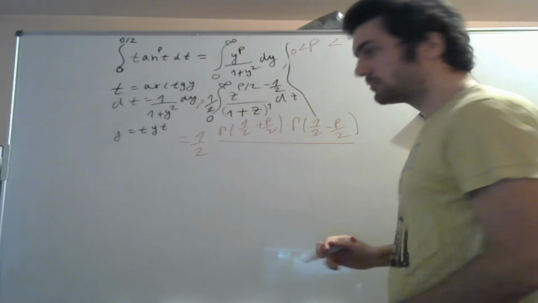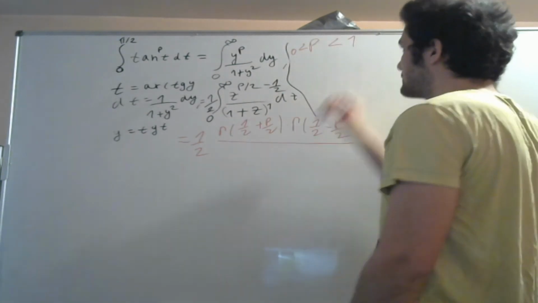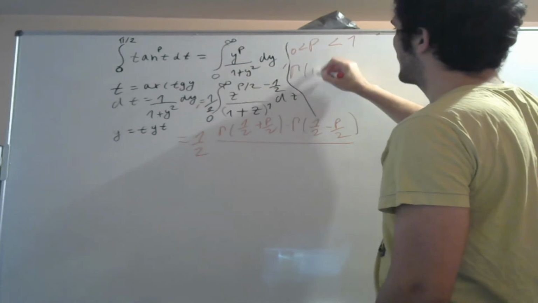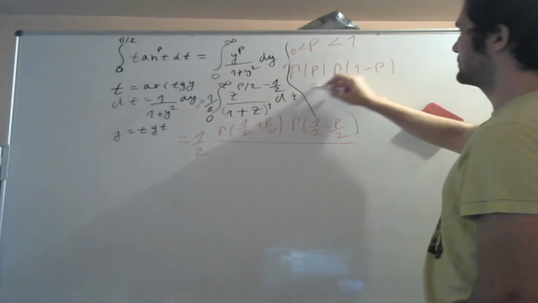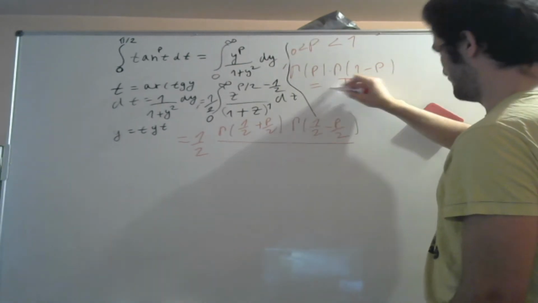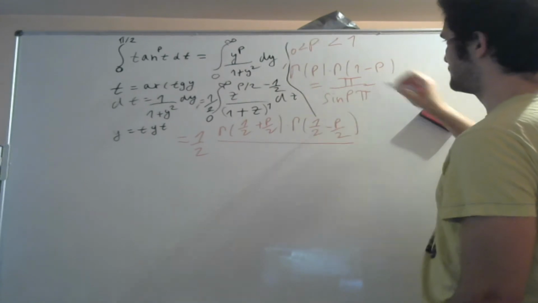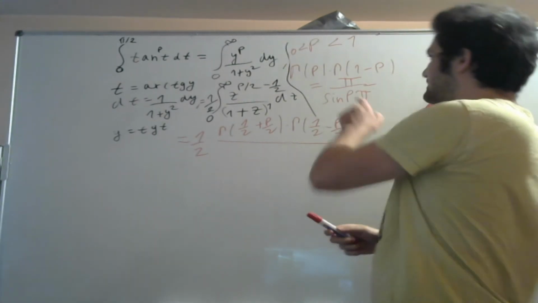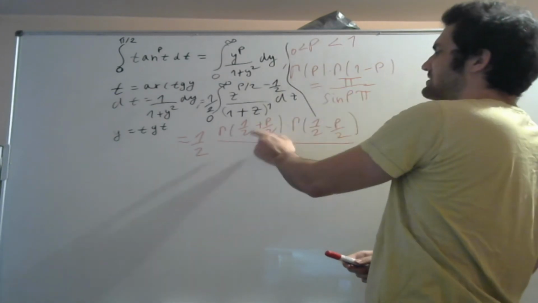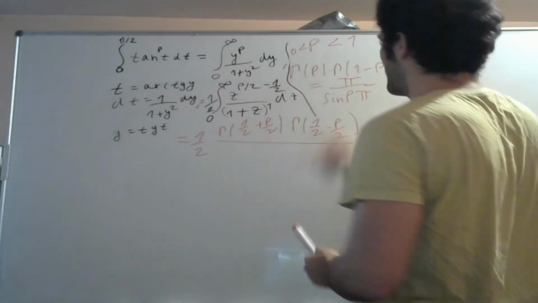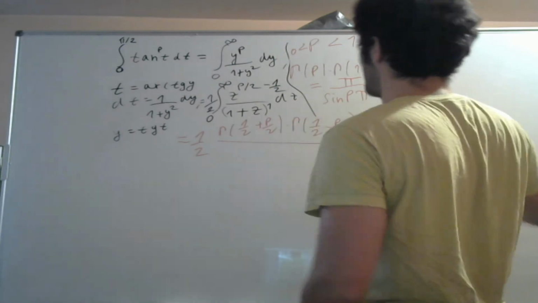Now we will use the reflection formula. We will use this formula here: gamma of p times gamma of 1 minus p equals pi over sine of p pi. In our case, this one is this one, so you just replace p with this expression.